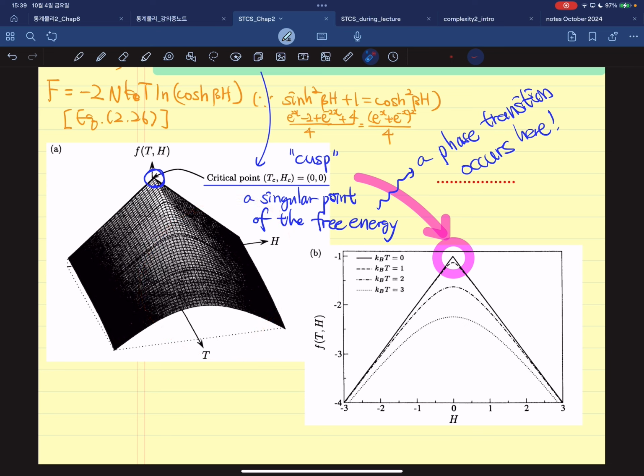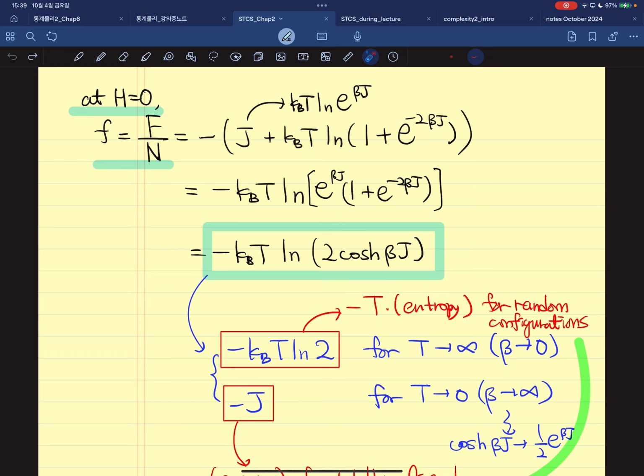So again, except for this particular singular point, it is analytic everywhere, except for this critical point where both variables become zero, right? This cusp point. The formula is really similar to the non-interacting spin.